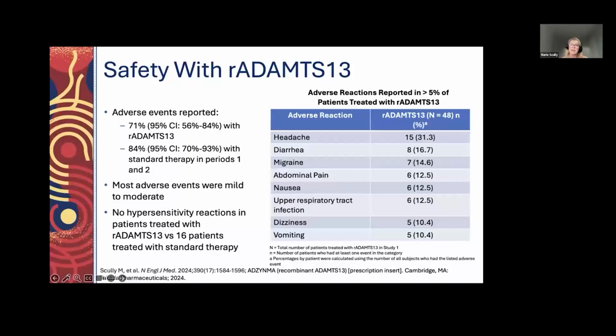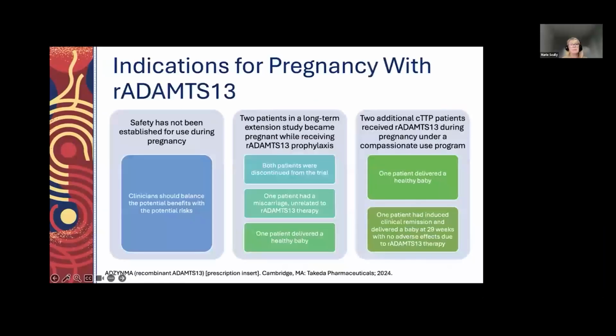With regards to adverse effects, if we look at the table once again, one could attribute many of these adverse effects to be associated with TTP non-overt symptoms. And there were no hypersensitivity reactions seen in patients receiving recombinant ADAMTS13, which is at variance to those who receive standard of care.